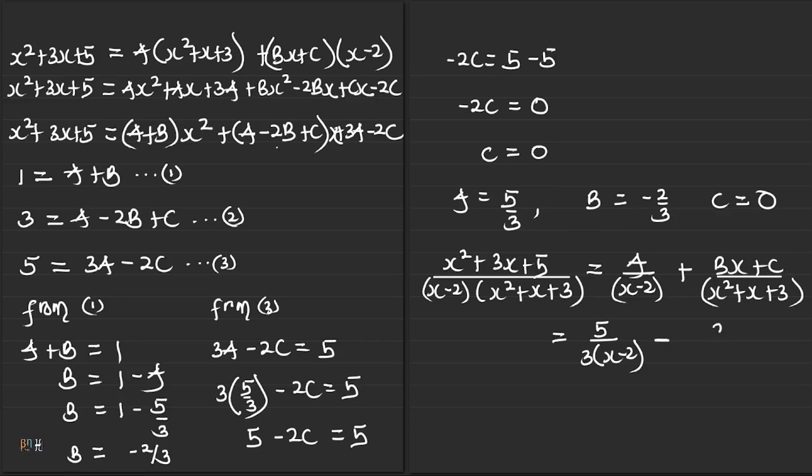So negative 2 over, not forgetting our x, so 2x over 3 into bracket x squared plus x plus 3. Why? Because the c is what? 0. And there's no need bringing it there. So this becomes the partial fraction of all this we have over here.